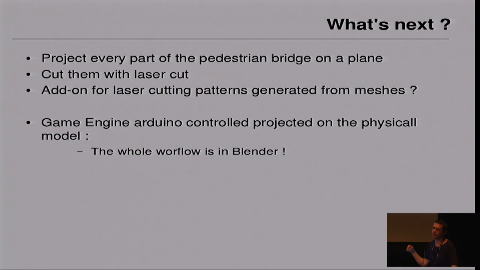I know that there was one French guy working on a laser cutting script, so that when you have a mesh, you can specify how many slices you want, and so that it cuts it. I think he never finished the add-on. It's a pity, but I think there should be something to do here, so that from a 3D mesh you can have some slices, and then you cut it and you put it back, and you have your mesh in 3D.